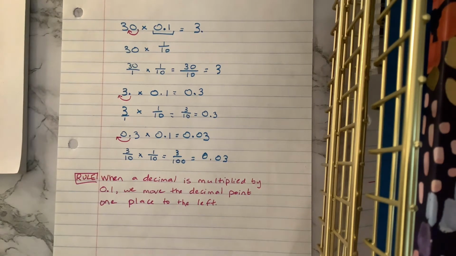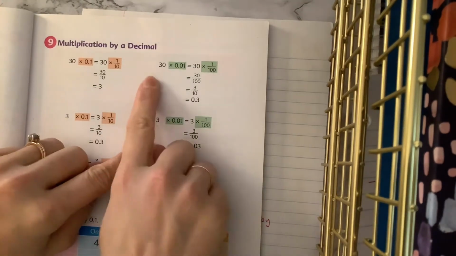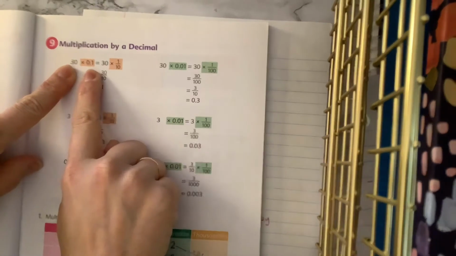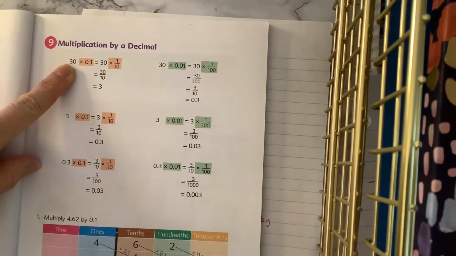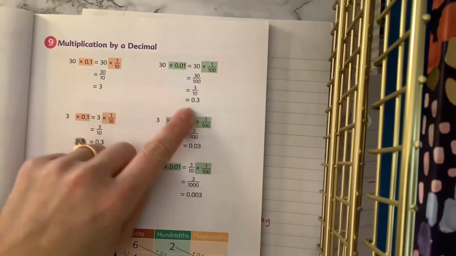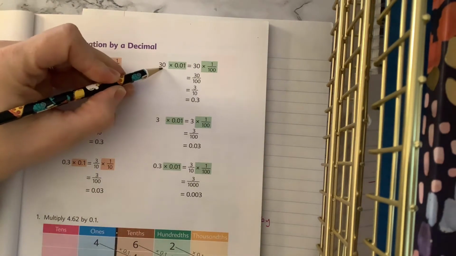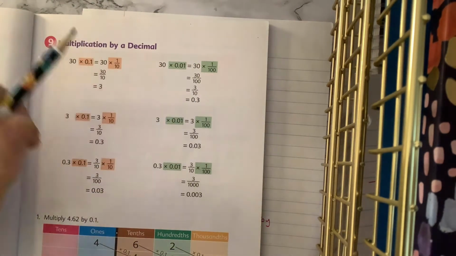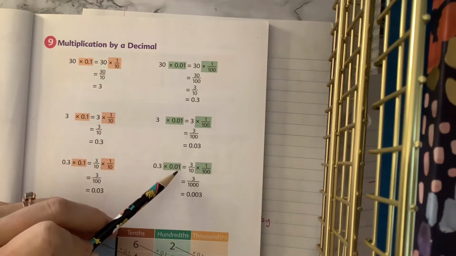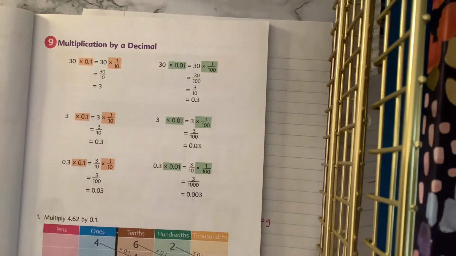As you look back at your textbook, we're seeing what's happening as we're multiplying by 1/10, and now we're multiplying by 1/100th. Okay? And so what's happening? We're going from 3/10 to 3/100ths, or 3/10 to 3/1000ths.